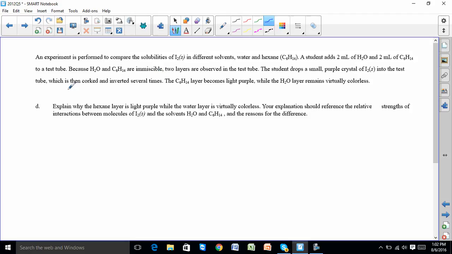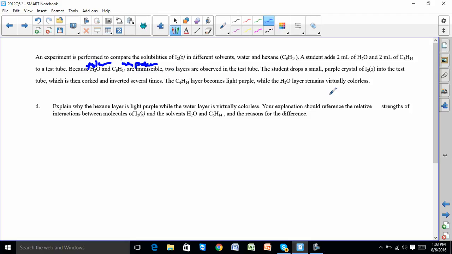Immiscible means you're trying to mix a polar liquid with a non-polar. Oil and water don't mix. Water is highly polar because it contains dipole-dipole forces that are especially strong because it contains hydrogen bonds. And so you have a polar liquid and a non-polar liquid together, and they don't mix.